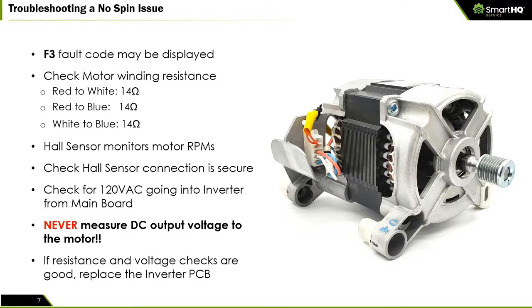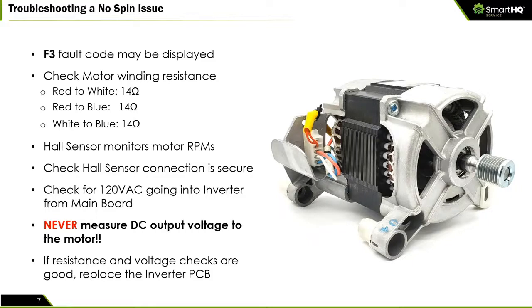And the little red wires at the top, right, those two, that's your connection points to the Hall sensor. So while you can't really measure these, what you can do is inspect for corrosion, for any kind of maybe a loose connection, a cut in the wire, things like that. But other than that, that's about all you can do there.